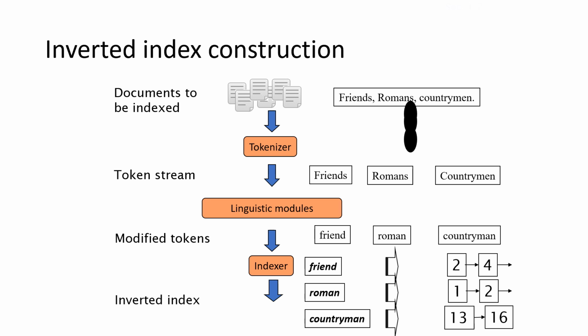Here, linguistic modules can be thought of as grammatical component identification. We can identify the grammatical structure of the sentences, understand the parts of speech of the words present in there, or identify whether they are named entities or not. Whatever we want to understand about the words, we can understand.